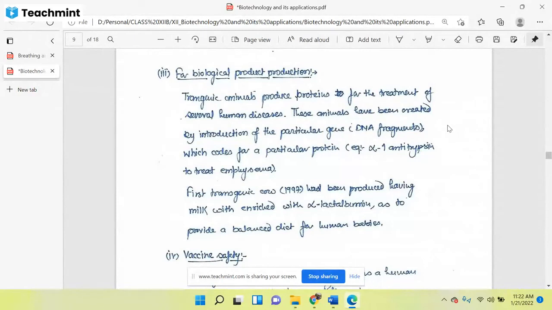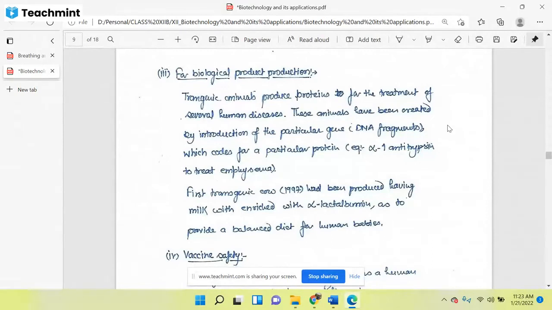A particular protein can be expressed in bacteria, but it may not be fully functional, because no secondary, tertiary and quaternary structure formation takes place in bacteria.